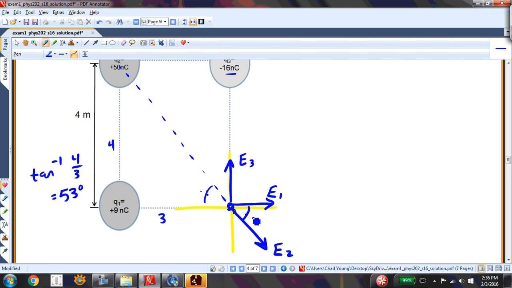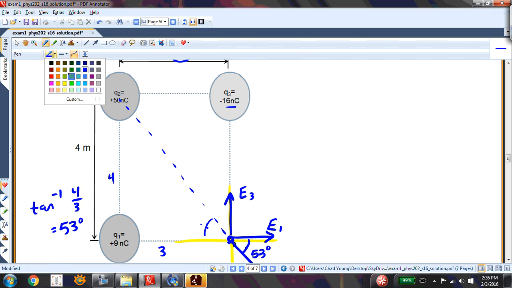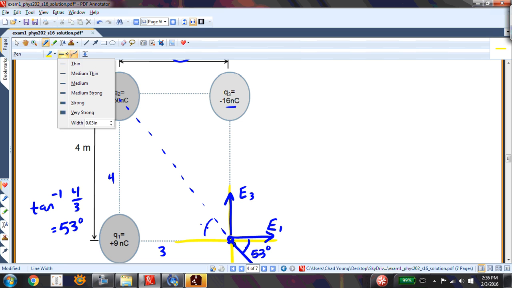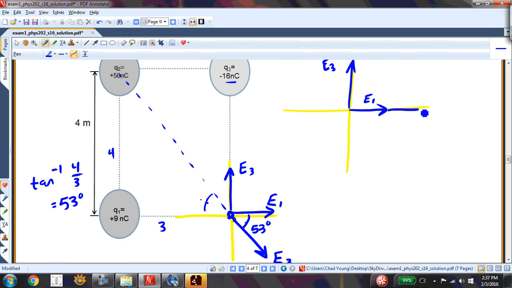So this is 53 degrees right here. So now I can draw my vectors. I'm going to go ahead and resolve them. I have E3 right here. I have E1 right here. I'm going to have E2 cosine of 53, and then I'm also going to have E2 sine of 53.